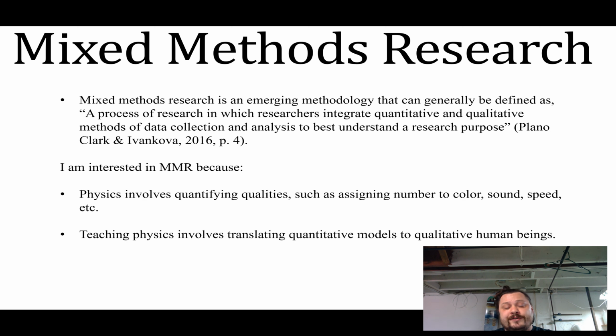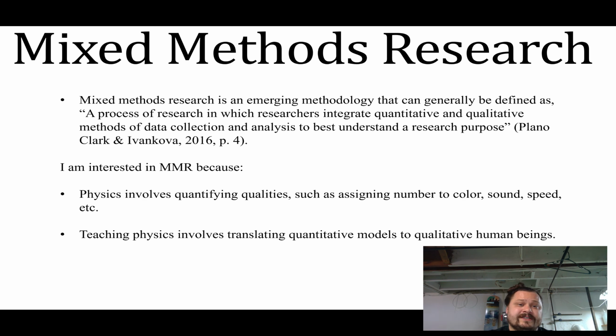And to go back, I'm interested in mixed methods research for physics because I think that physics itself involves quantifying qualities, right? There's a qual aspect to physics where color is something that we assign a number to. Sound we assign a number to. Speed. These are very interesting integrative ideas where you're taking the quality of the physical world and trying to quantify it to maybe come up with a model to predict or explain what's going on.